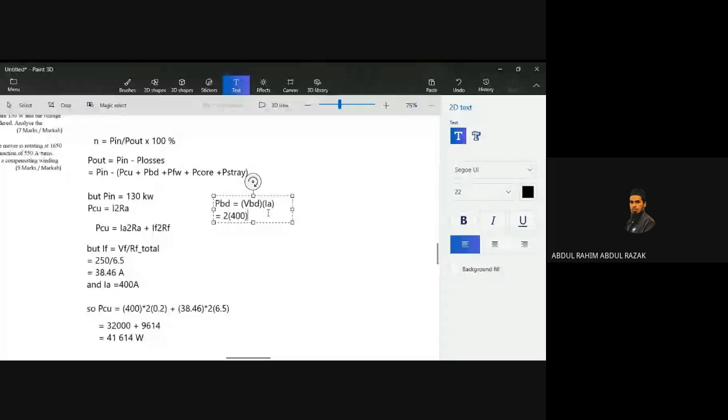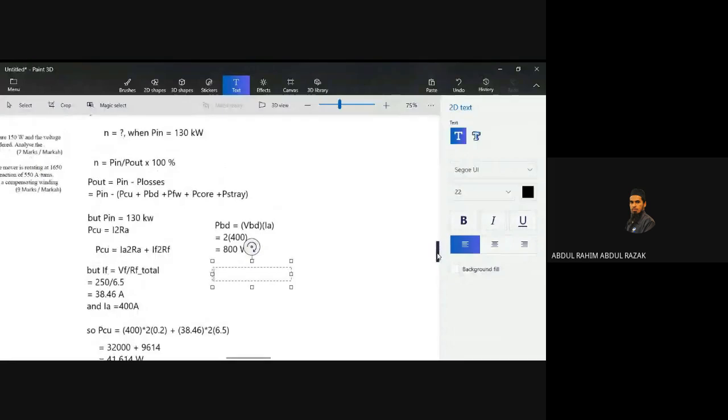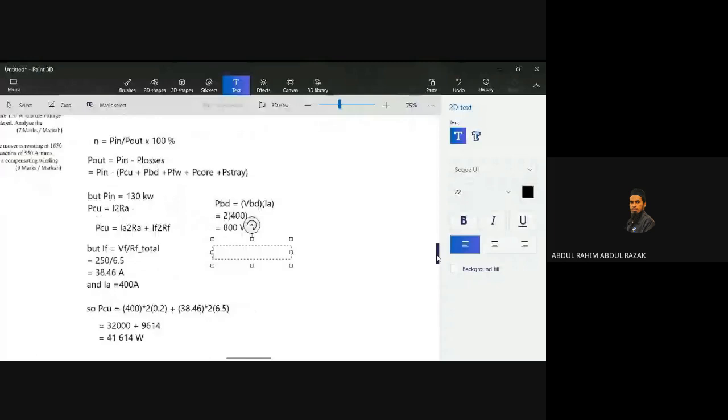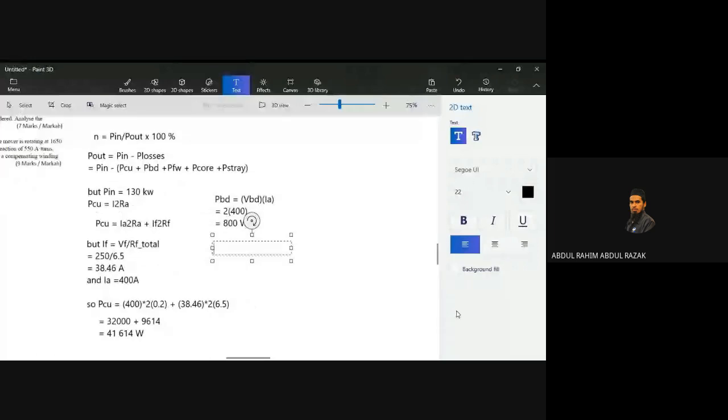This is your brush drop losses. So we have calculated P in, P copper, P brush drop, and P friction and windage is given. P core is not considered, or doesn't have to be considered. P stray: usually we have stray to be considered. So it should be 1% of the P in.